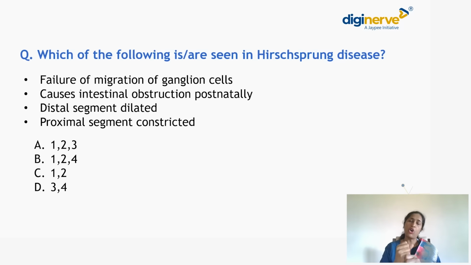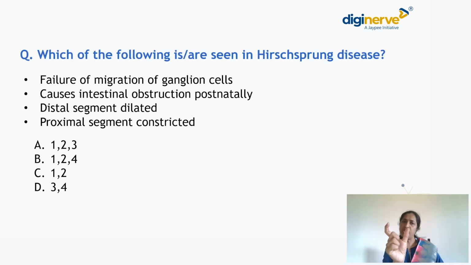So what happens? Normally, the peristalsis should happen from top to down, with squeezing and relaxing of the intestinal content. That cannot happen. So in Hirschsprung's disease, in a short segment, intermediate segment, or long segment, there are multiple patterns.